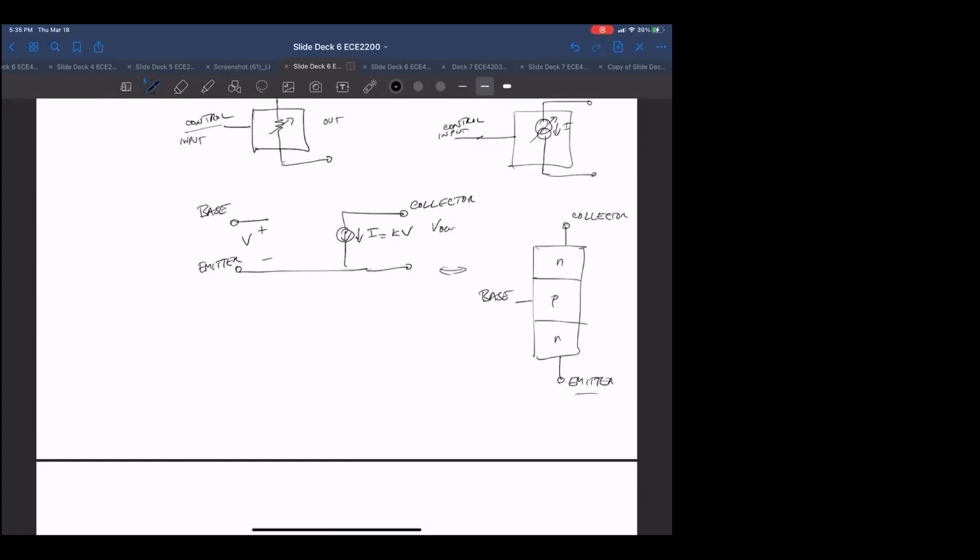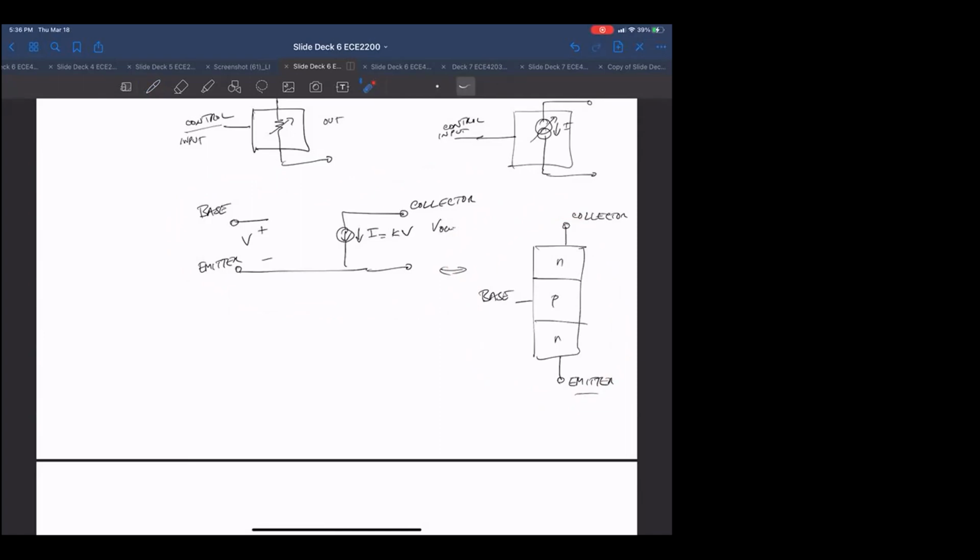So this thing on the left is a circuit model of something that in fact is fairly complicated in real life. You can just think of it as a circuit model.